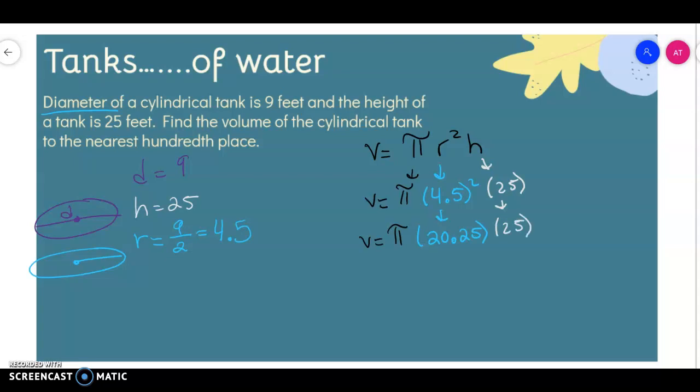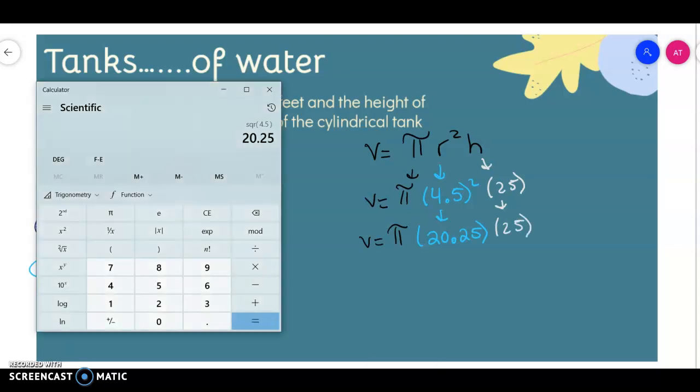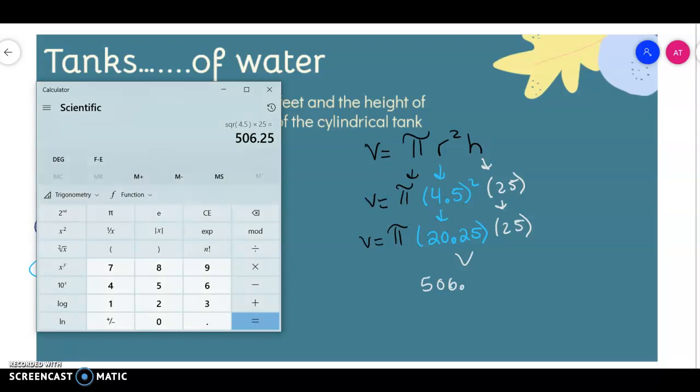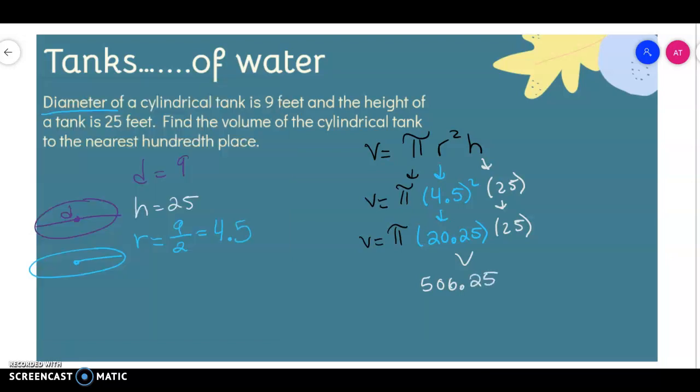And now I just need to multiply by my height, times 25, because that's my height. I get 506.25. Remember, don't round yet, not until after we multiply by pi, 3.14.